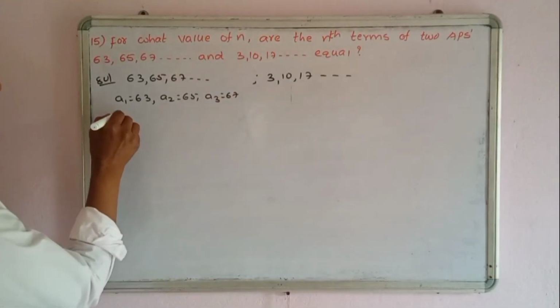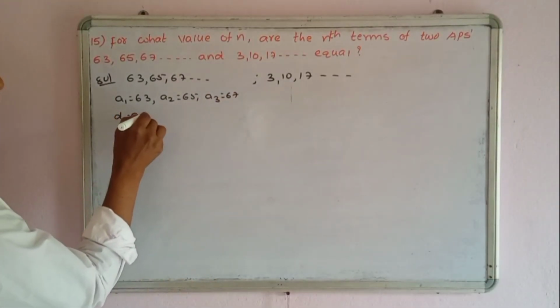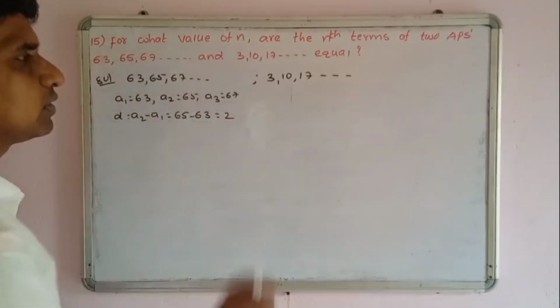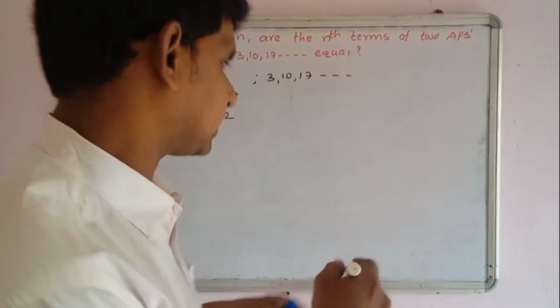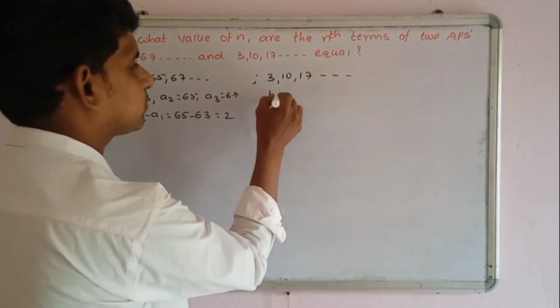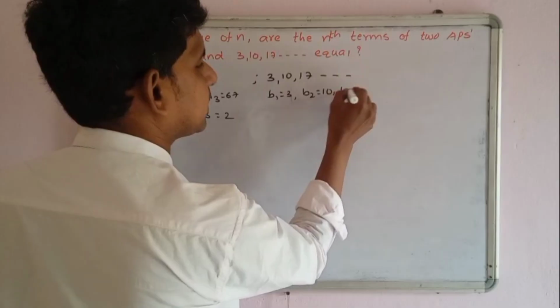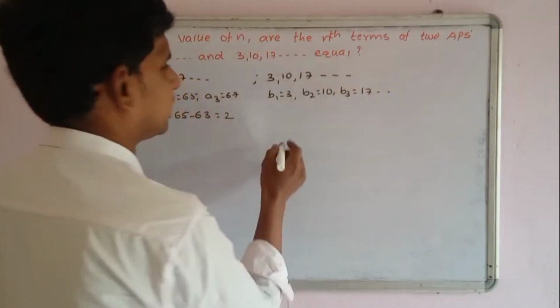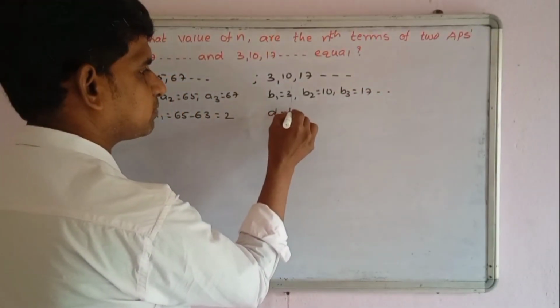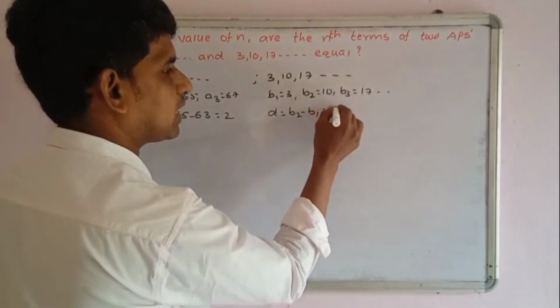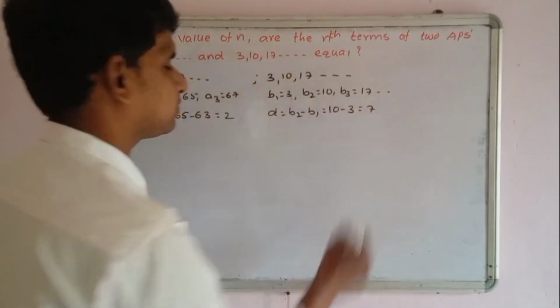Find the common difference: d equals a2 minus a1, that is 65 minus 63, 2. Here also find the common difference. Let us say these terms b1 equals 3, b2 equals 10, b3 equals 17 and so on. Here also the common difference is b2 minus b1, so 10 minus 3, that is 7.